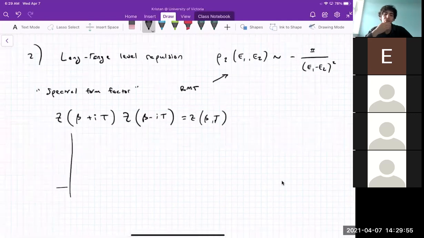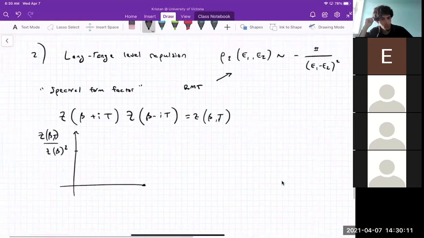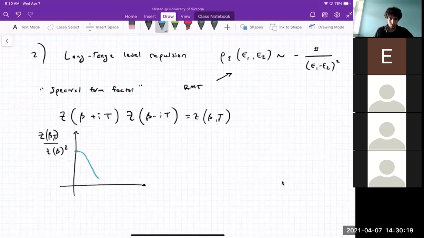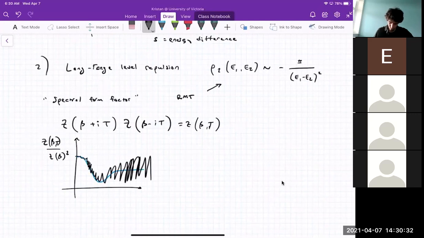And if you plot it for some complicated Hamiltonian, you normalize by the partition function squared, then at 0 time you get 1. And I'm going to draw 2 things here. I've drawn 2 curves.